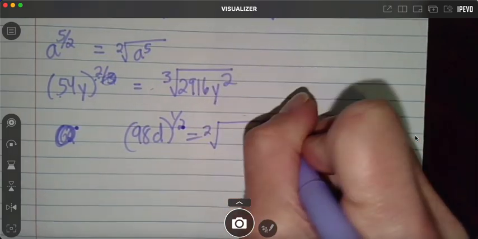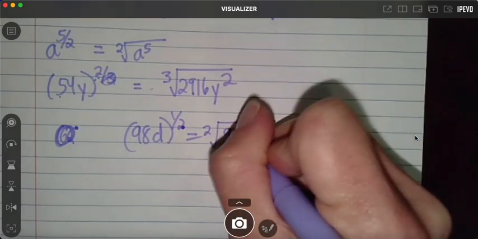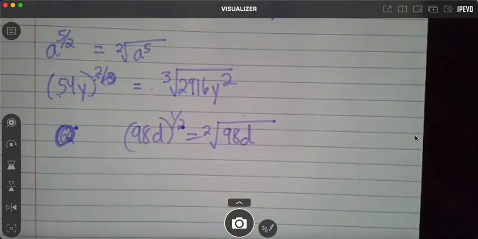So then we have the square root of 98D. Now, one thing, 98 divided by 49. What's 98 divided by 49? Two. So 49 goes into 98.